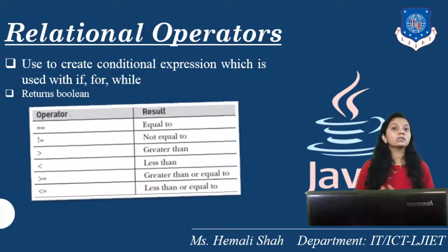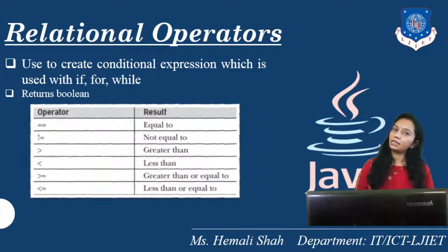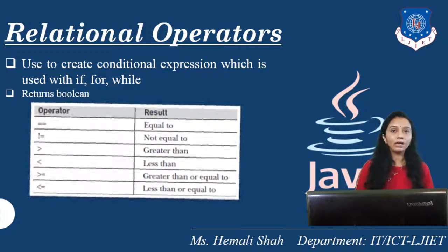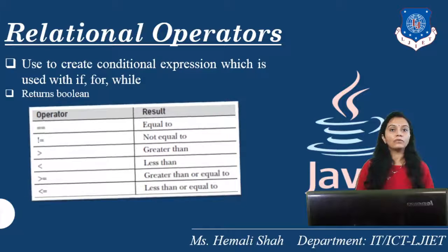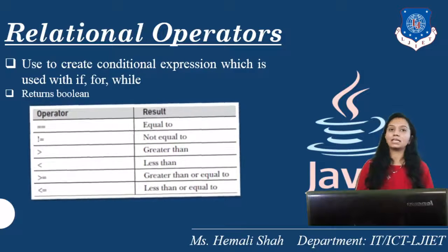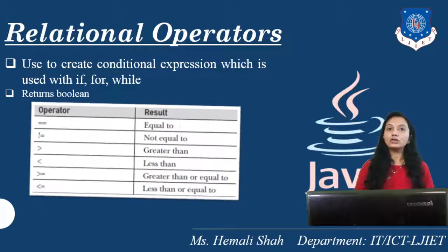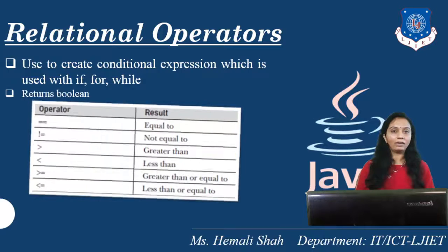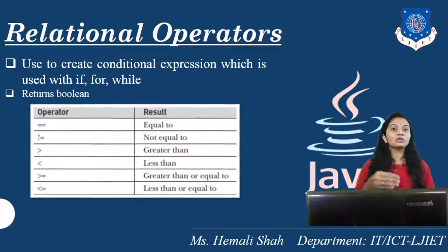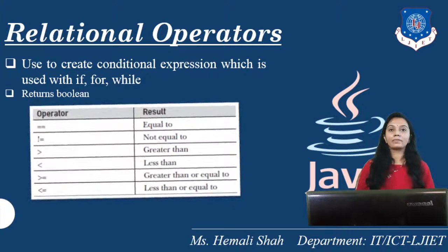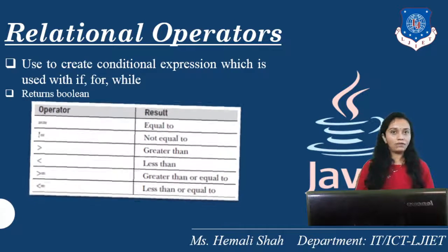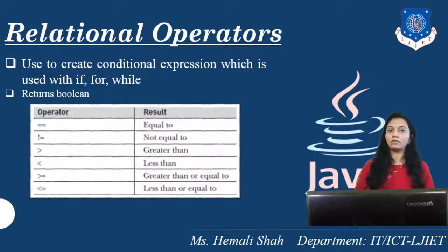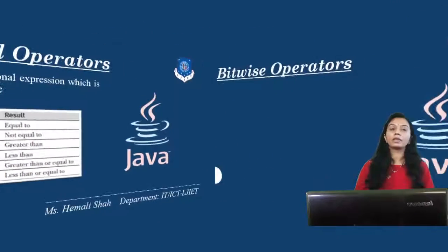Then greater than, less than, greater than or equals, and less than or equals, which we use to check whether something is greater or lesser than some value. All of these we use with for, while, and if to make the logical functionality of our program, right?